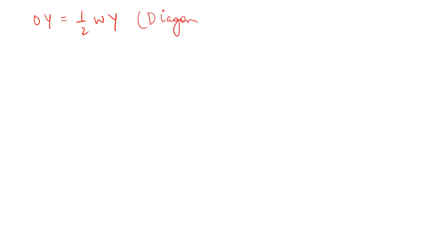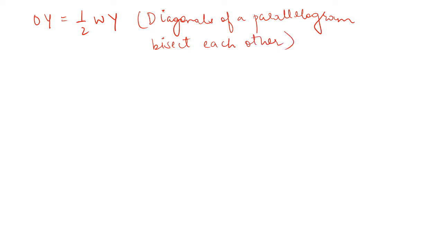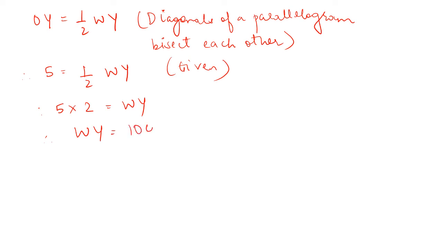Because diagonals of a parallelogram bisect each other. So therefore 5 is equal to half WY because it is given. So therefore 5 into 2 is equal to WY. Therefore WY is equal to 10 centimeters. So this is how we have to solve this. So length of WY, we can say it is 10 centimeters.